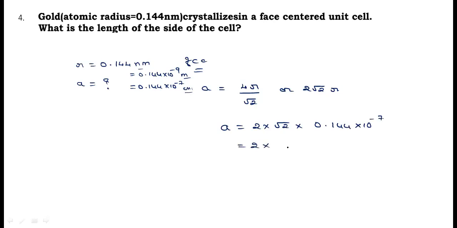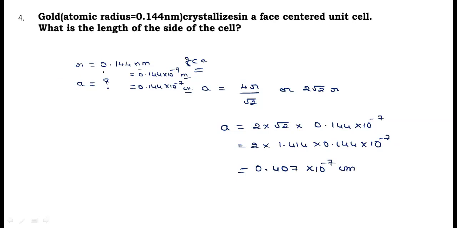So 2 into root 2 value is 1.414, into 0.144 into 10 to the power of minus 7. If we simplify, it is coming as 0.407 into 10 to the power of minus 7 centimeter.